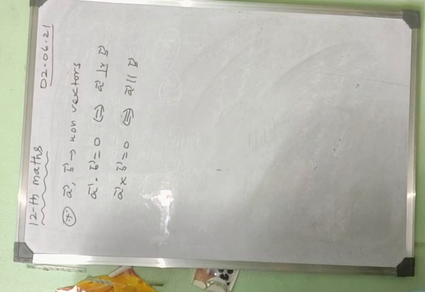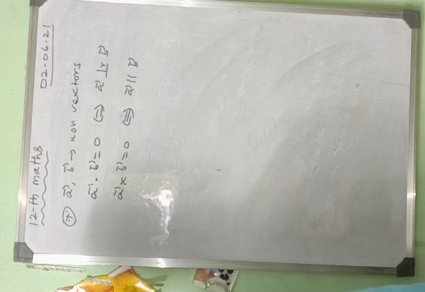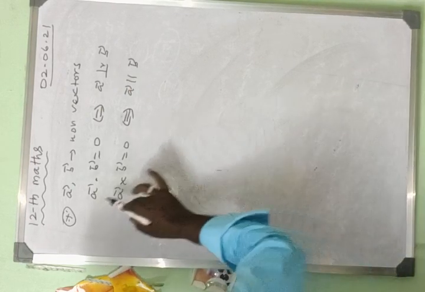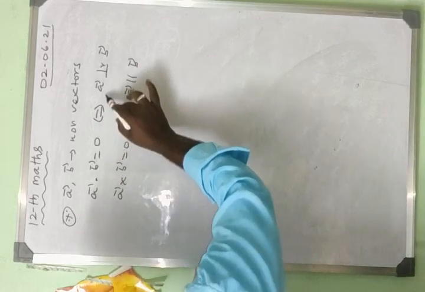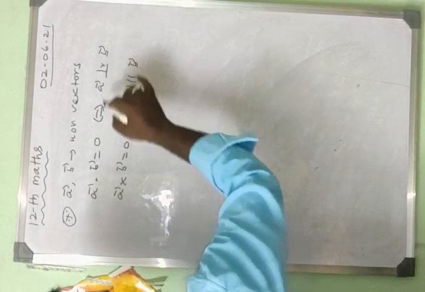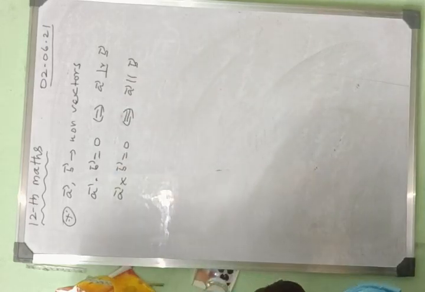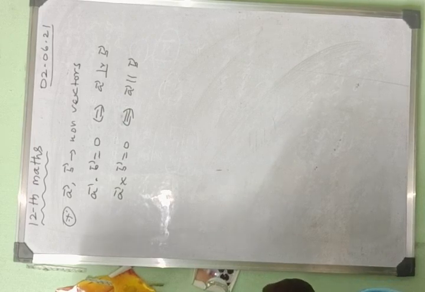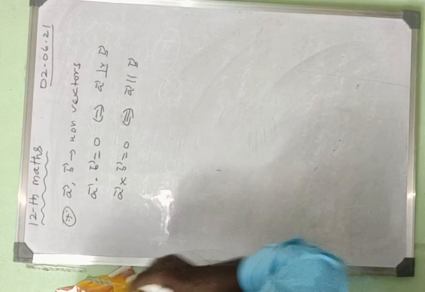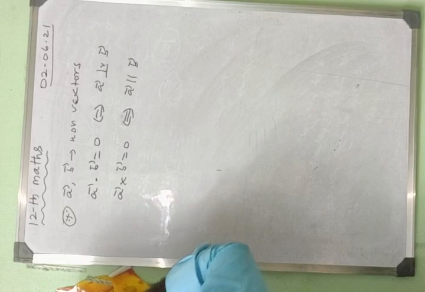A dot B equal to 0 means the vectors are perpendicular. A cross B equal to 0 means we get parallel vectors.